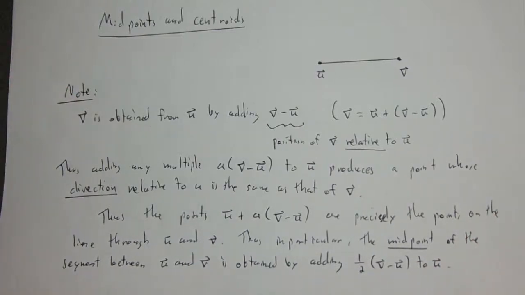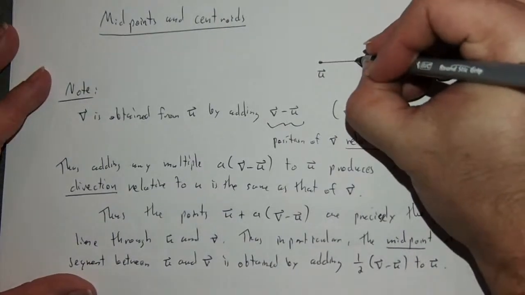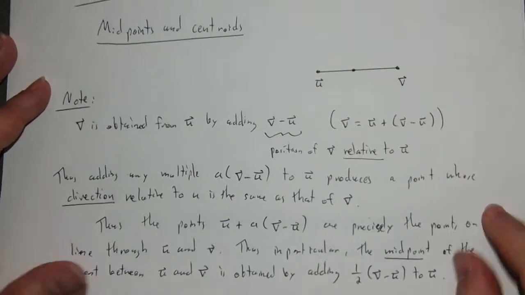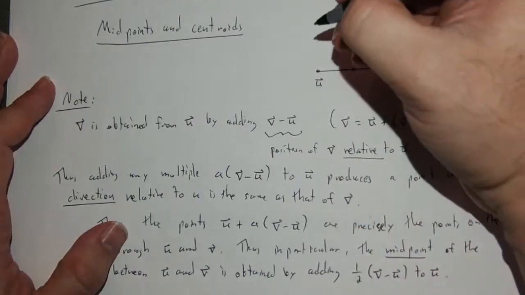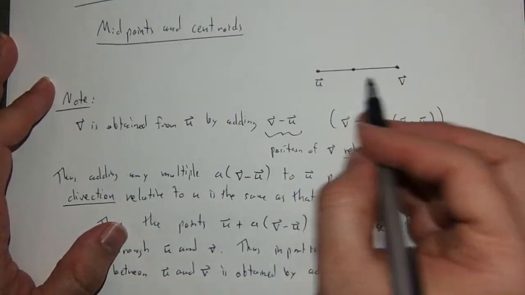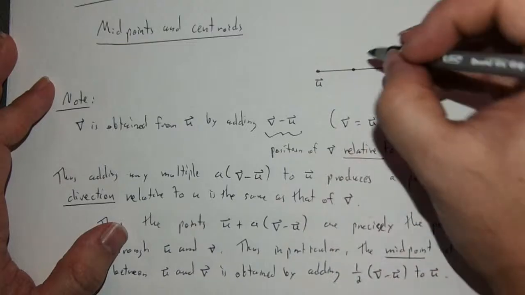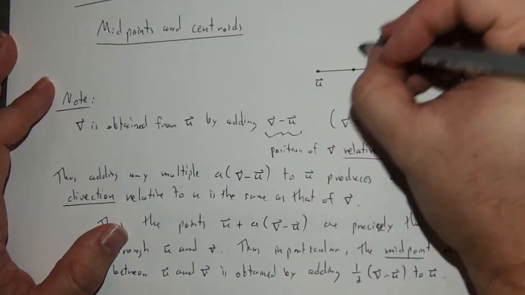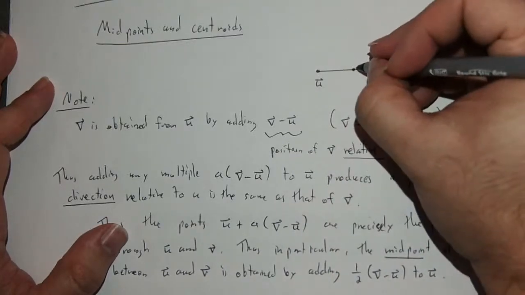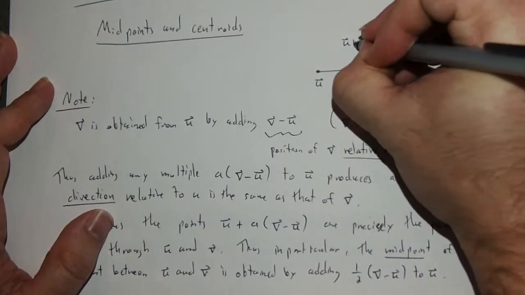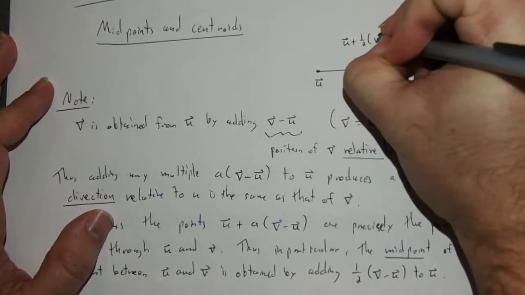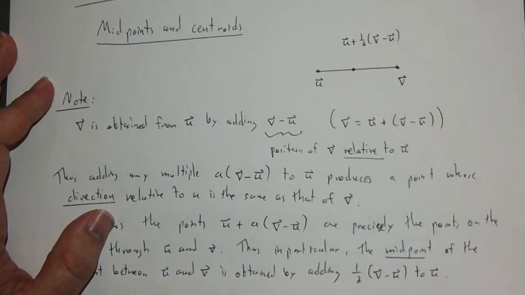All right. And so what is this midpoint? Oh, that's totally off. See, I covered up v with my hand here. This is totally off. Pretend this is the midpoint. The midpoint then is u plus 1/2 v minus u.